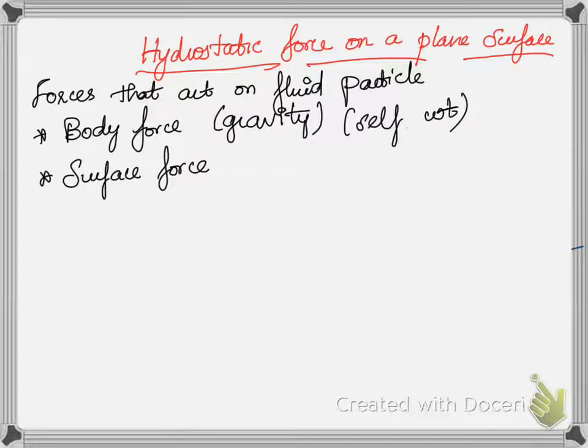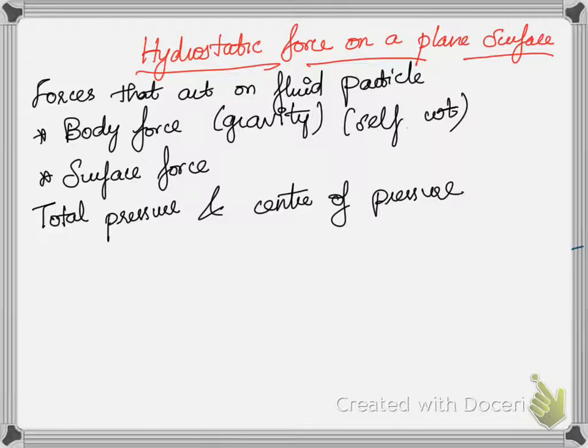These two forces mainly act on the fluid particle. Before going into that, you should know some other terms called total pressure and center of pressure. Total pressure is a sum of static pressure, dynamic pressure and gravitational potential energy per unit volume.